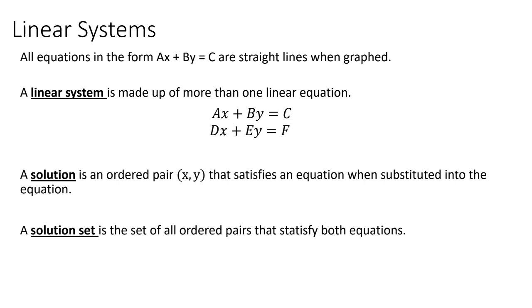A solution for a linear system is an ordered pair whose x and y values satisfy both of the equations. When we substitute the x and y values into any of the equations given, it will give us a true statement. A solution set is a set of all ordered pairs that satisfy both equations.